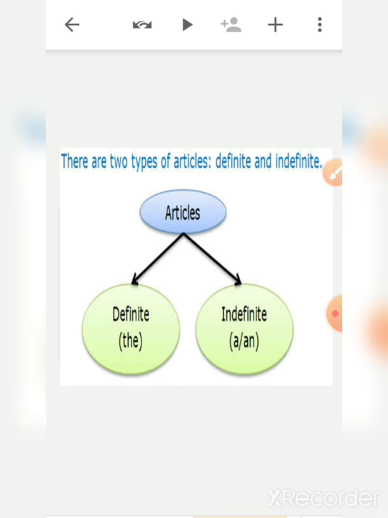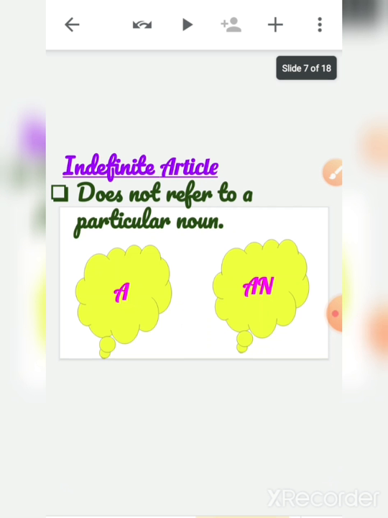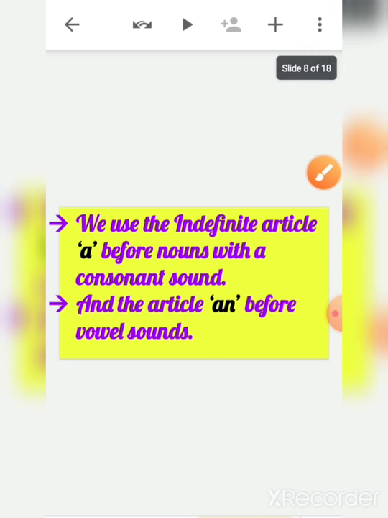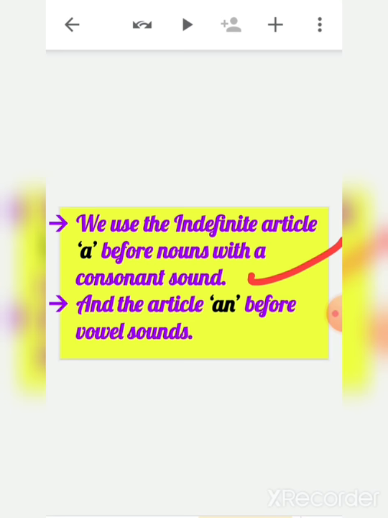Definite article we are going to discuss in our next class, and today we have discussed only indefinite article. A and an are indefinite articles, and an indefinite article does not refer to a particular noun.